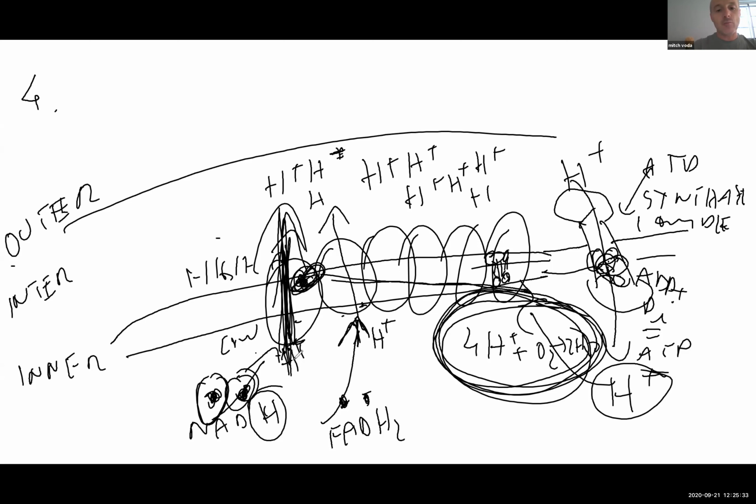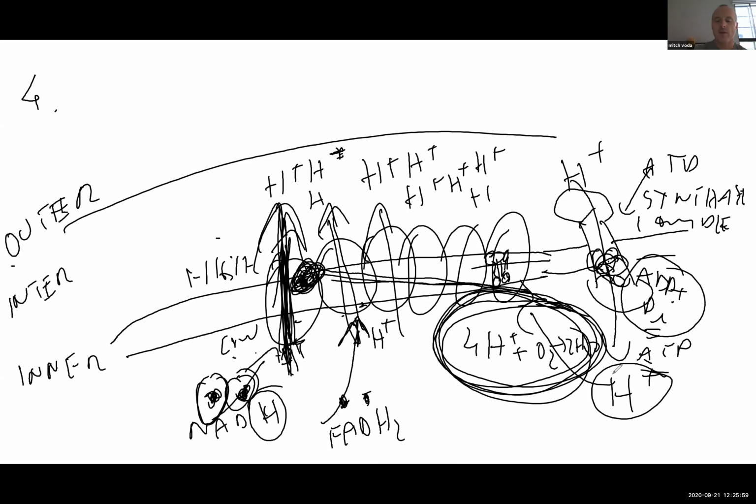The energy to move them across, because you go from low to high, comes from the electrons, which will move along the way and keep pumping these hydrogens across. Hydrogens then come back through the ATP synthase complex, and that machinery spins, and the energy is used to bind ADP and phosphate into ATP.